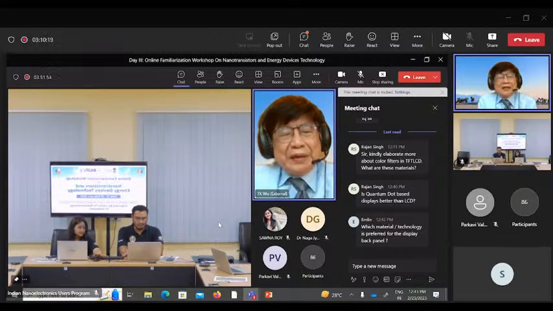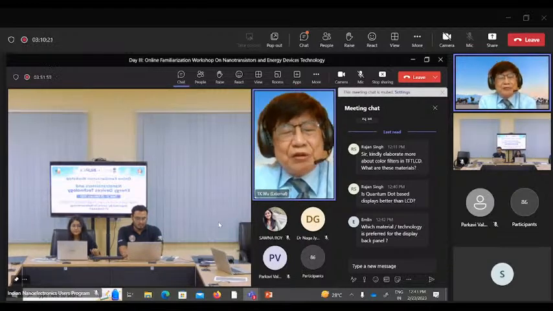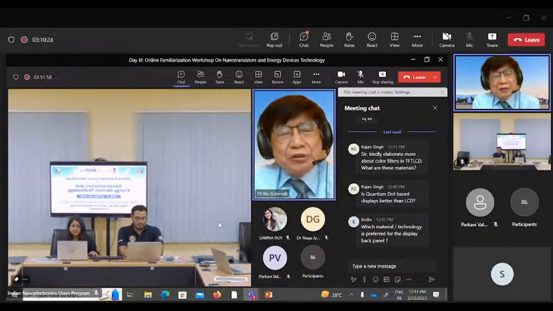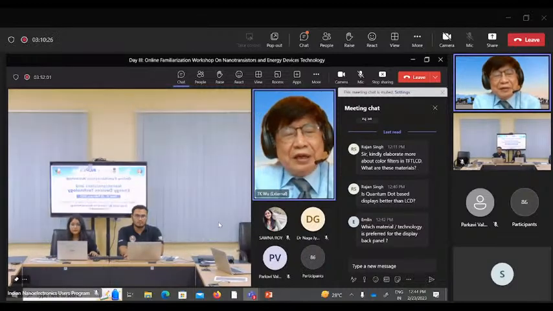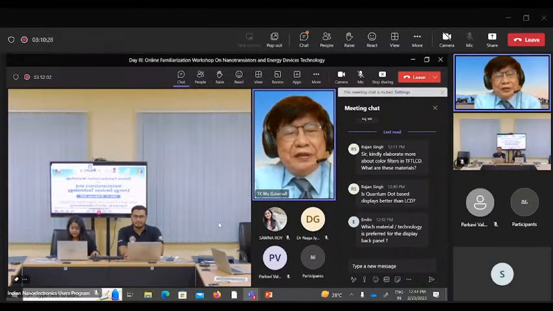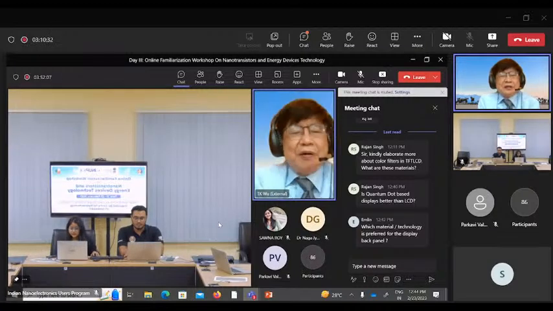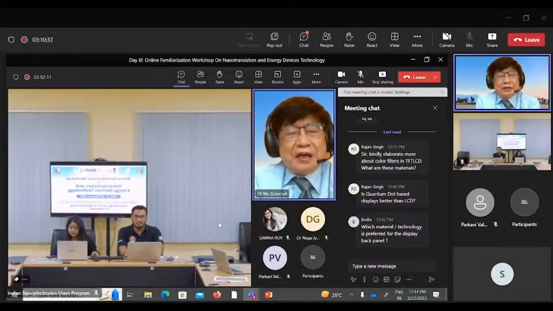But basically, the light valve is still controlled by TFT LCD. I think these two things put together will become a more powerful TFT LCD. So quantum dot itself is not a display, it is just a very important component for TFT LCD.